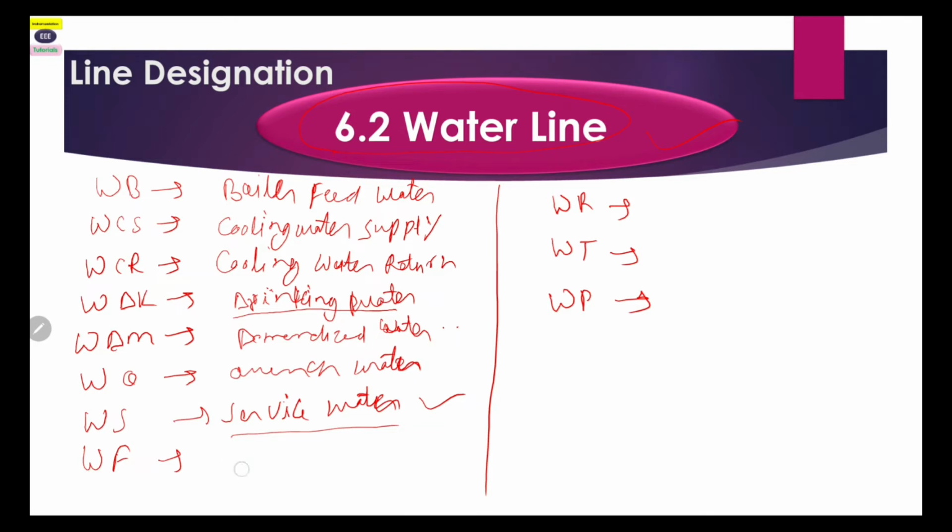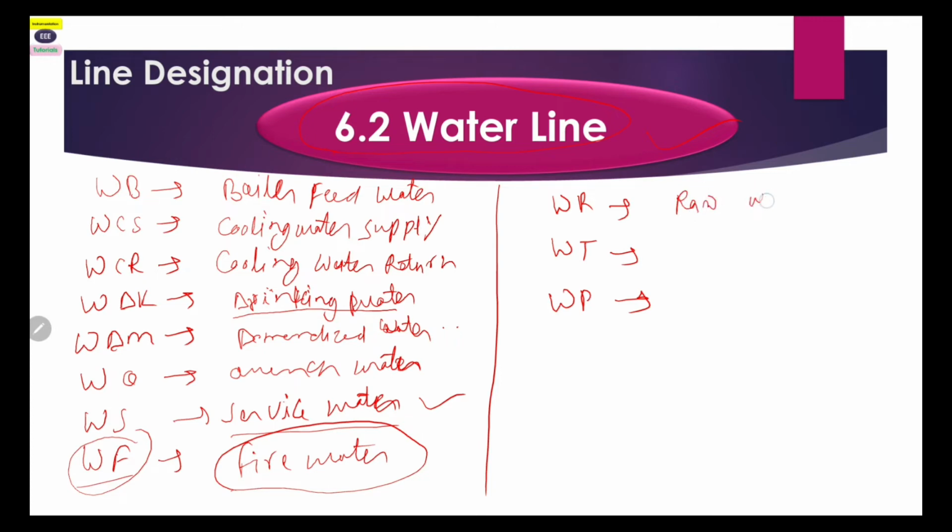WF's meaning is fire water. Because you are working in an industry where combustible liquids and gases are around you, if they catch fire, then you require fire water. So if WF is written on a line, then it is called fire water.